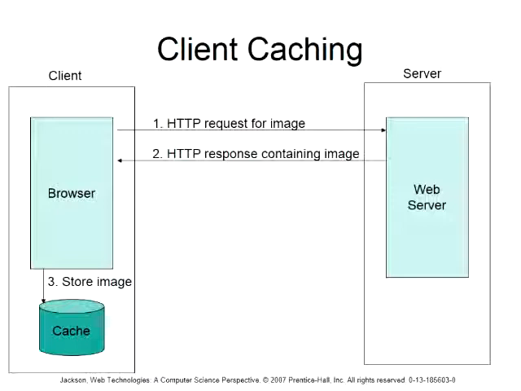This is a scenario when we use the client caching. So the browser sends an HTTP request for an image, and the web server responds the browser with an HTTP response containing the image. After that, the browser will store this image in the file systems.